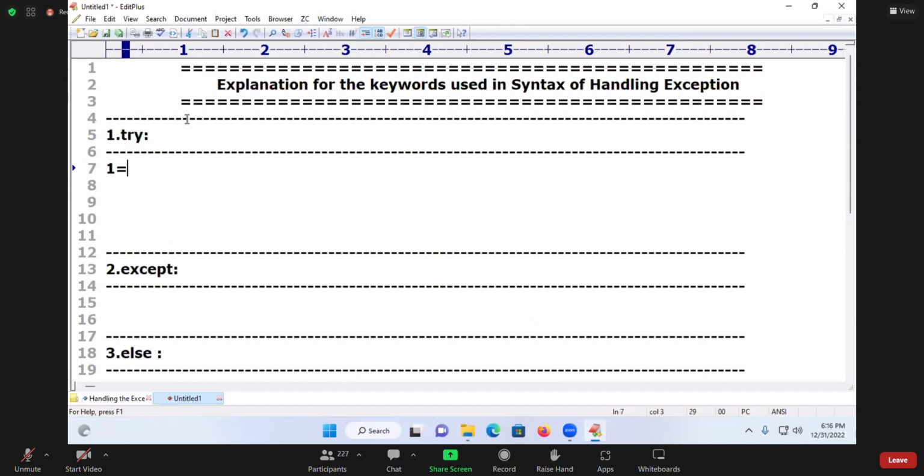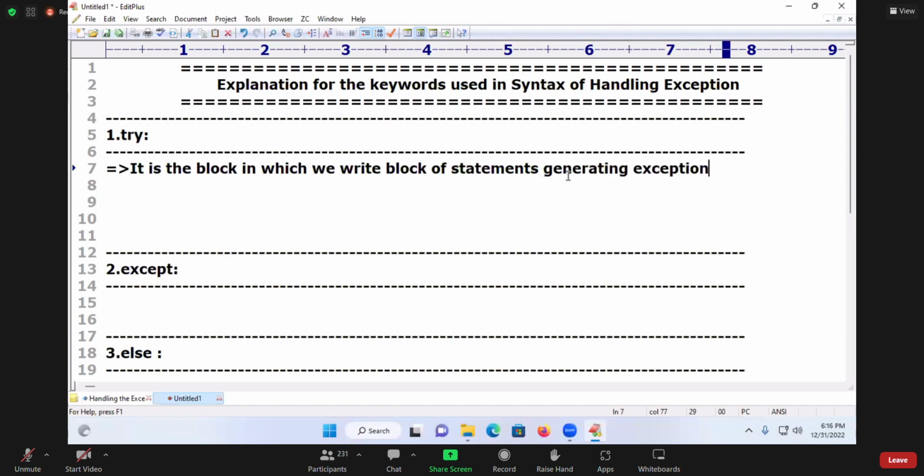It is the block in which we write block of statements generating exceptions.